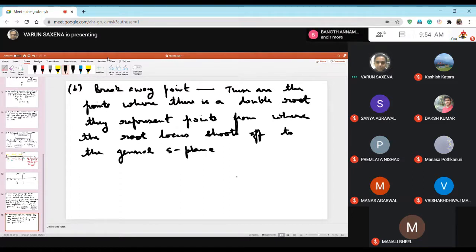Like for example, suppose you had a problem in which there was one pole here at minus 2, and you had let's say a pole here, and there was something here, and let's say that this represented some breakaway point.